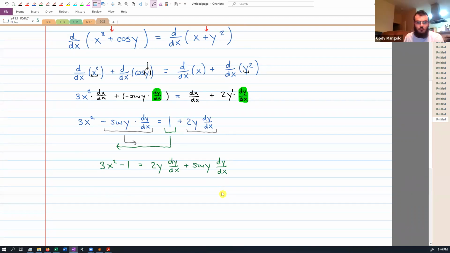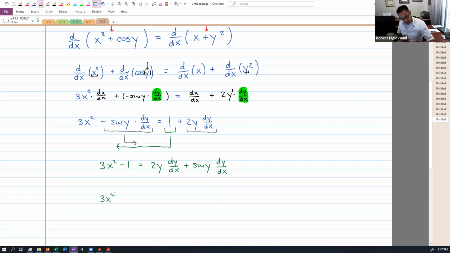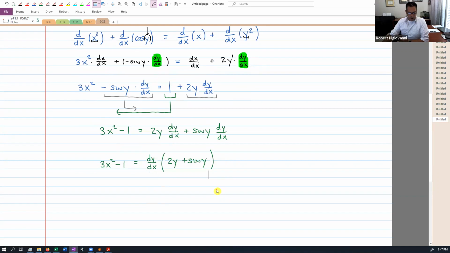Can we just factor out the dy over dx and then divide it by the other side? Yep. Okay. That's exactly why we do it. We do that so that we can factor out on the right-hand side the dy dx. And when we factor it out, we should be left with a 2y plus sine y. They both had dy dx. We pull it out. We're left with the 2y here and the sine y and the plus between them.